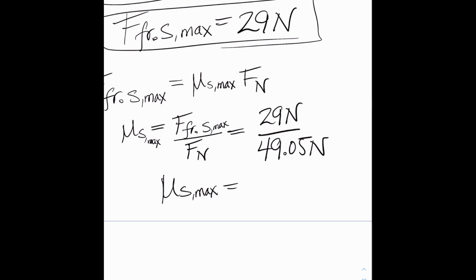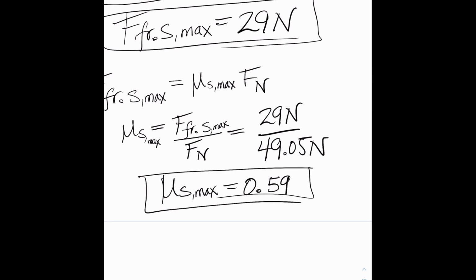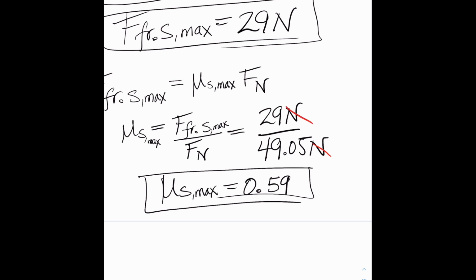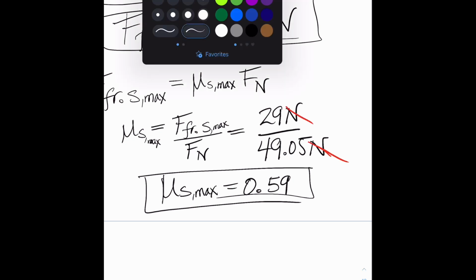A little over 0.5, right? 0.6 maybe? 0.59. Okay. Notice the units: mu doesn't have any units. See those newtons canceling away? So that makes sense.